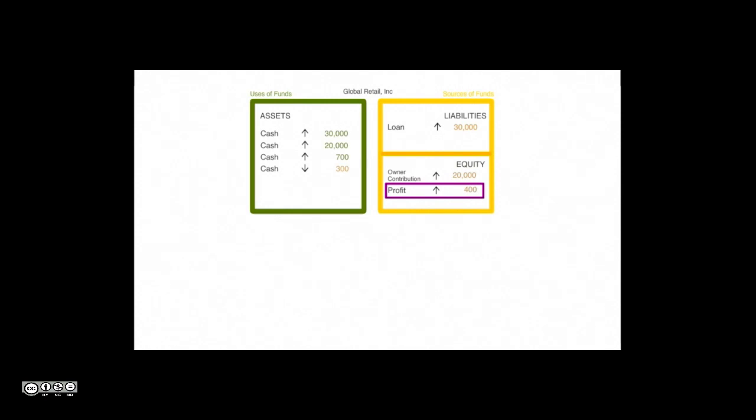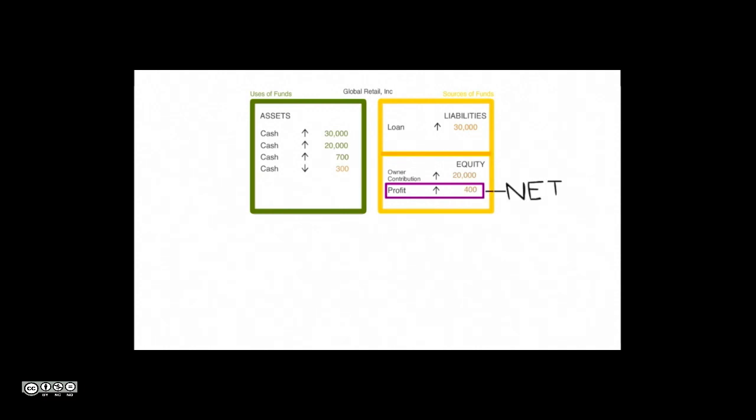The balance sheet is giving a true snapshot of the financial position of the business, but we've lost some useful information along the way. If a friend came along and asked, how did we earn the profit of $400? We wouldn't be able to tell them by looking at the balance of the profit account.